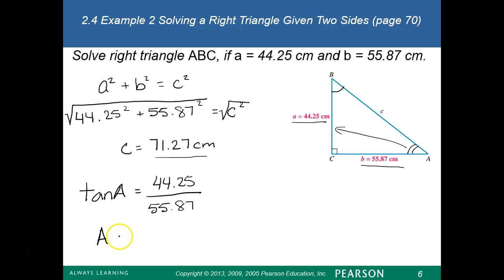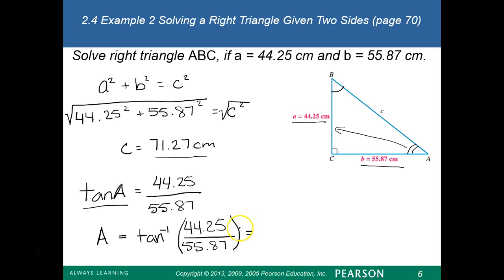They help you in finding side measurements the majority of the time. So inverse tangent, since tangent is what we're using here, of our 44.25 over 55.87. Now plug this into your calculator and your output will be an angle measurement.